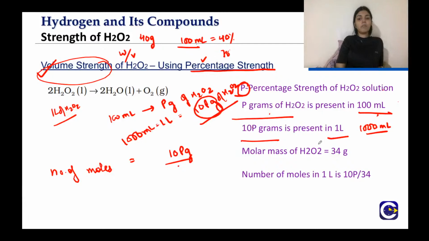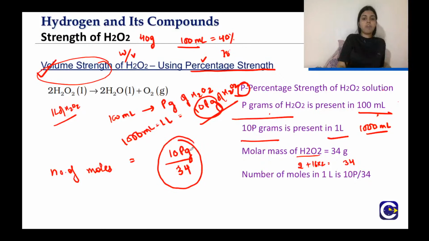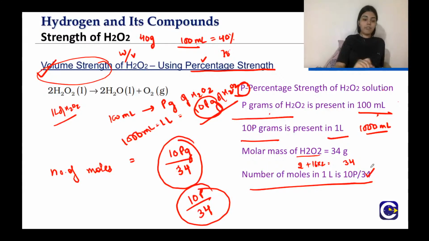If you calculate the molar mass of H2O2, that is 2 plus 16 into 2, that is 32, so 32 plus 2 gives 34. So given mass divided by molar mass gives the number of moles, which comes out to be 10 P by 34.